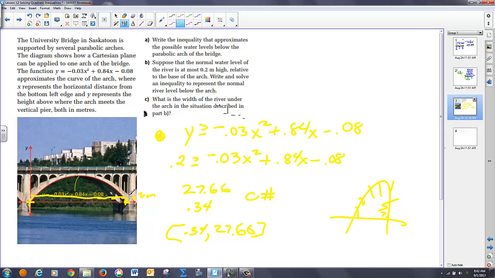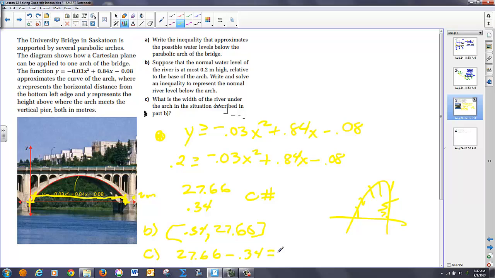To find that width, well, basically we're just taking and subtracting these 2 x values. So if I take, this is part B, part C, if I just take 27.66 and subtract off 0.34, I'm going to get my answer.